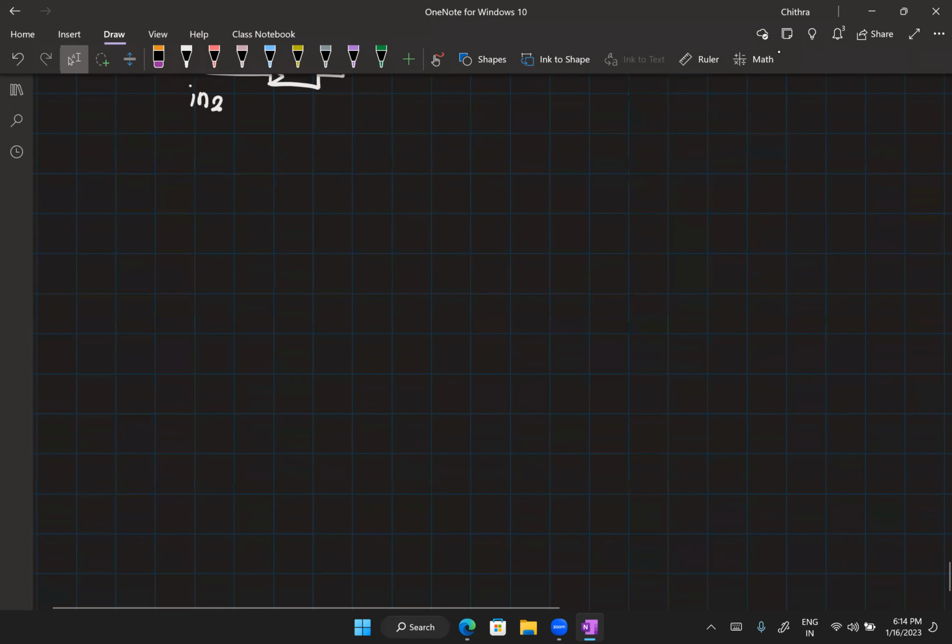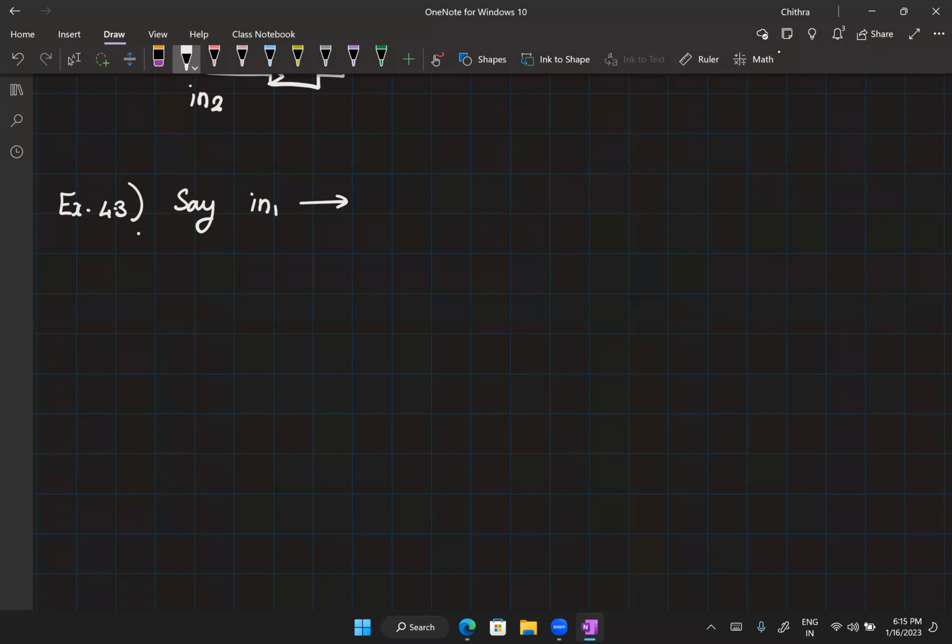Okay, so now let me give you one exercise to do right now. So we are going to assume that in1 and in2 have different duty cycles. Okay, let's say in1 is at 50% duty cycle. In2 has less than 50% duty cycle.